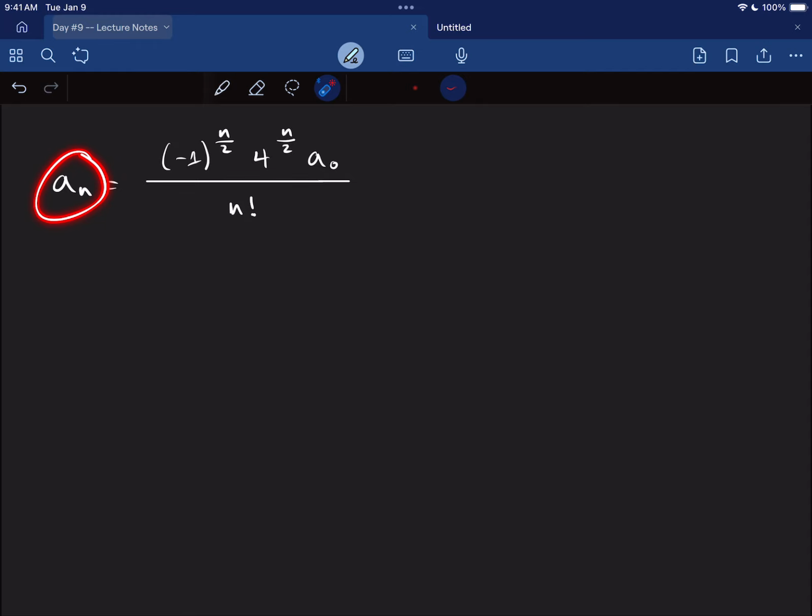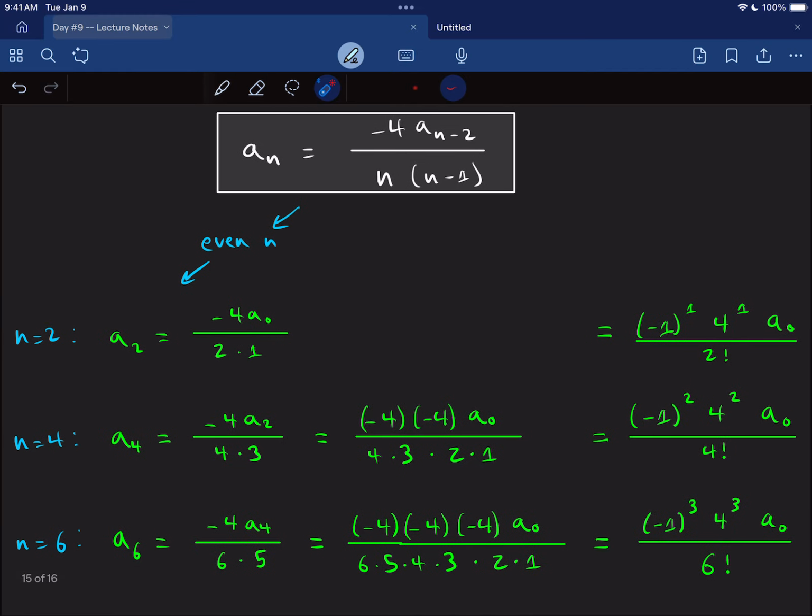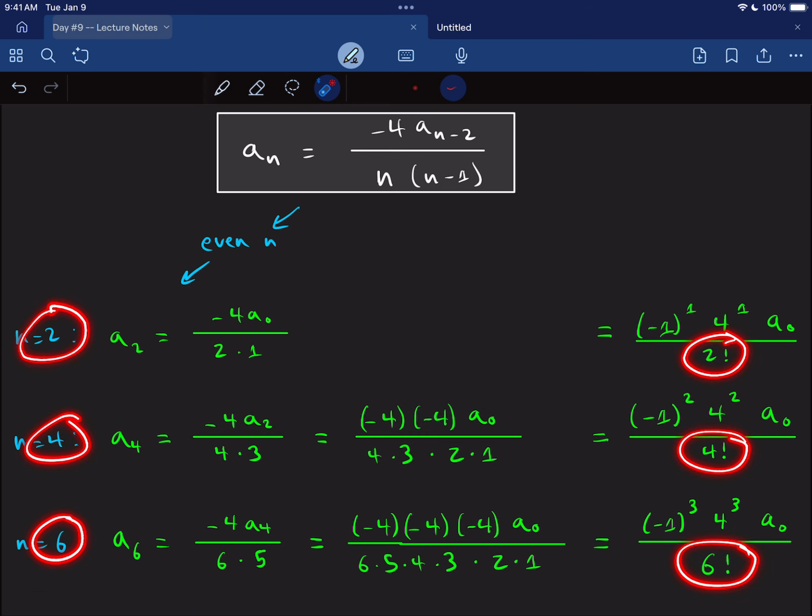Just to start, if we look at a sub n, it has an n factorial on the bottom. If n was 6, we have a 6 factorial. If n is 4, we have a 4 factorial. If n is 2, we have a 2 factorial.